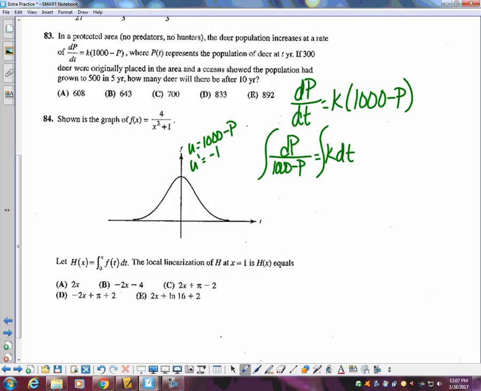So this is still u prime over u, so it's still going to be ln of u, but I have this negative that I have to create. So it's negative ln of 1,000 minus P, and that's going to be kt plus c. This negative right here in front of my ln bothers me, so I'm going to divide everybody by negative and kick him over to the other side.